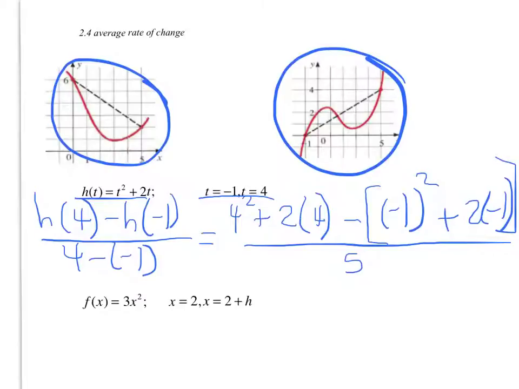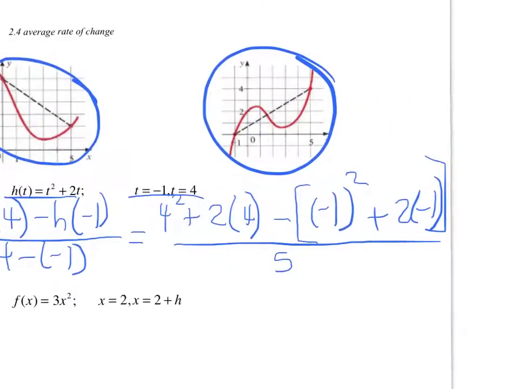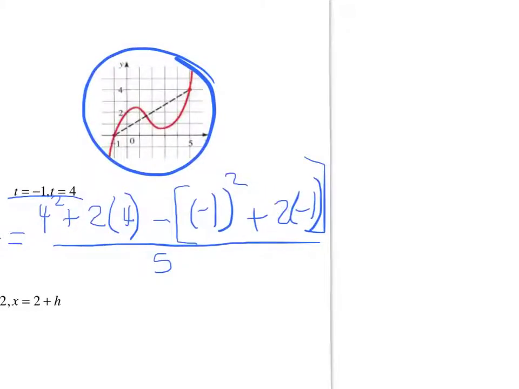So you can work this out. Do some simplifying. So 4 squared is 16. 2 times 4 is 8. 16 plus 8 is 24. Minus, what do we have in here? This is 1, and this is -2. 1 and -2 is -1.